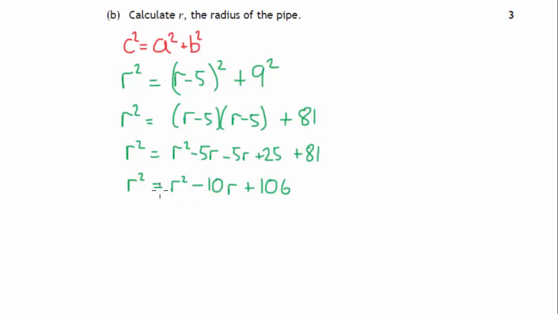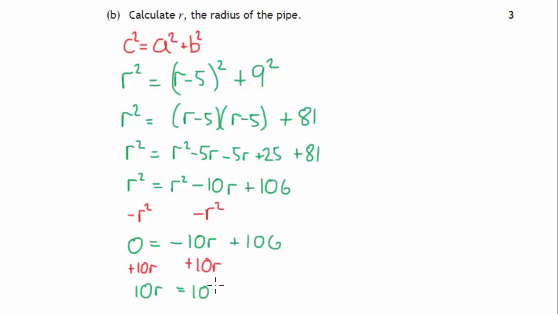Then we can subtract r squared from both sides. So we've got 0 equals minus 10r plus 106. And then we just move this 10r across to the other side, so we add 10r, and you end up with 10r equals 106.